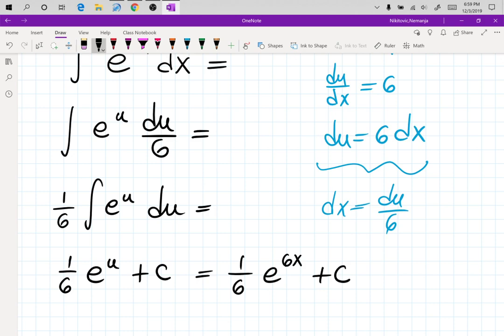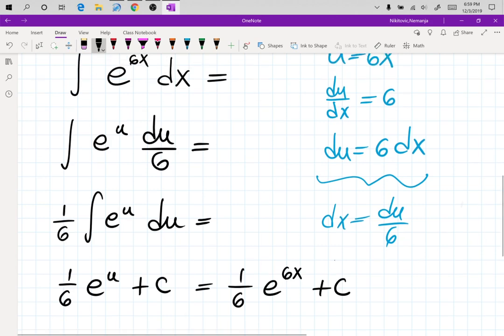We do exactly the same thing with sine and cosine, which is something I am going to ask you to work out now. So go ahead, integral of sine 3x dx. You use the same steps. I'm not going to remove this problem.